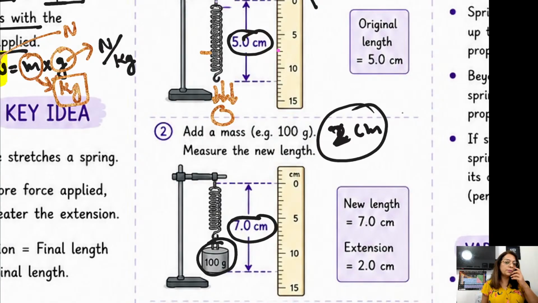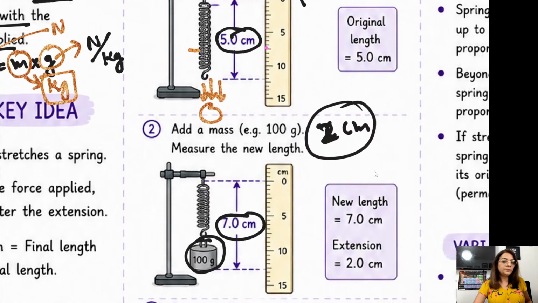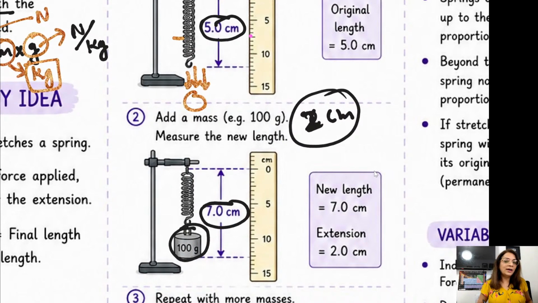centimeter extension. Okay, type in the chat again. What is the unit of length? Should it be okay to have centimeter, or do we need any conversion? Type in the chat again. Yeah, very good.